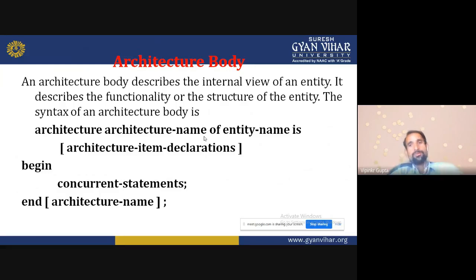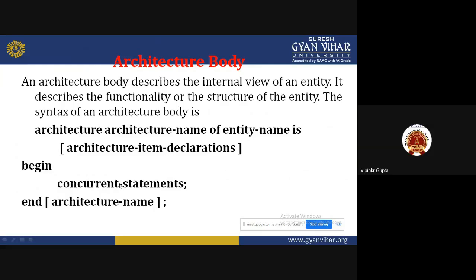The entity name is the same. Then the architecture item declaration, whatever architecture items we need, then begin, then after begin we can use the concurrent statements, and then we can close the architecture. That is the syntax of architecture.